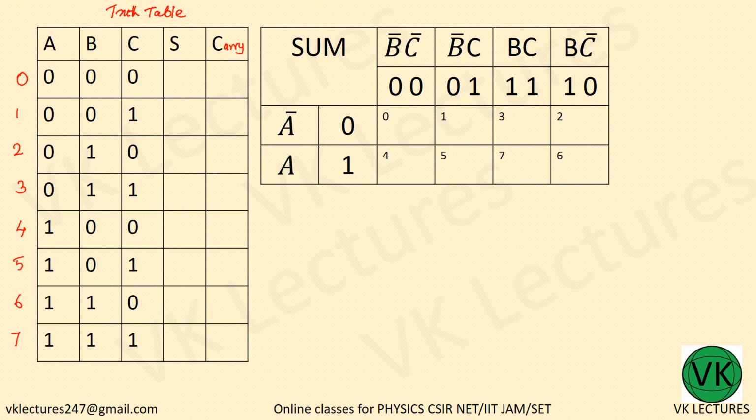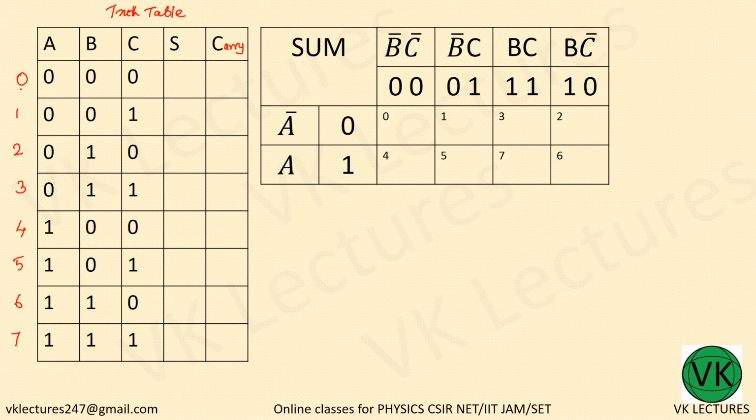These are the decimal numbers corresponding to each input. So 0, 0, 0 corresponds to 0, 0, 0, 1 is 1, 0, 1, 0 is 2, and likewise 1, 1, 1 means 7.